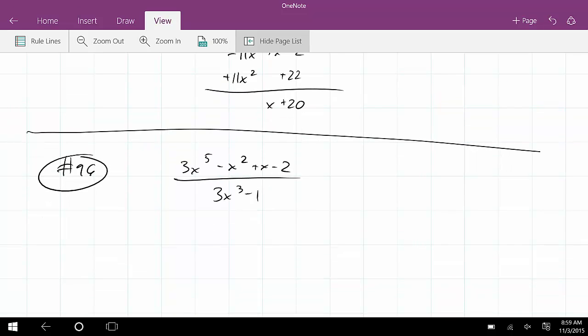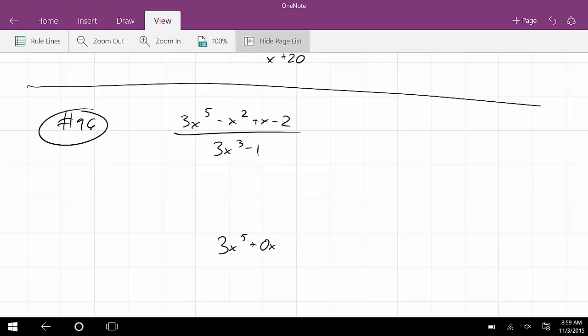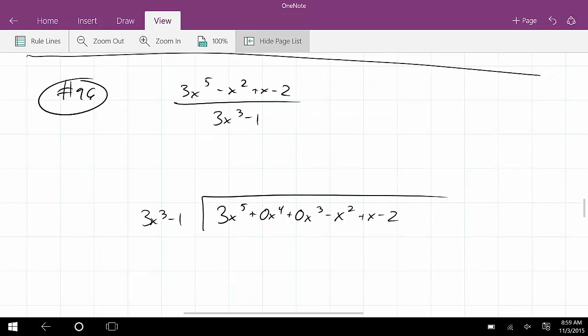So let's go through this. This is going to be 3x to the power 5, and I'll write plus 0x to the power 4 plus 0x cubed minus x squared plus x minus 2. And I'm going to divide that by 3x cubed minus 1. You don't have to write ghost terms for the divisor, just for the dividend.